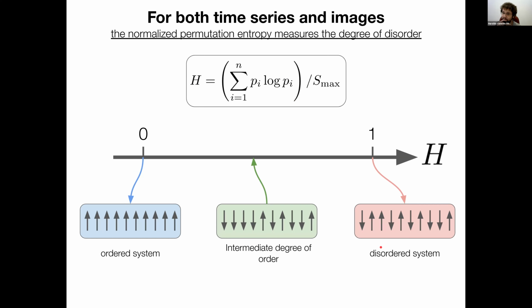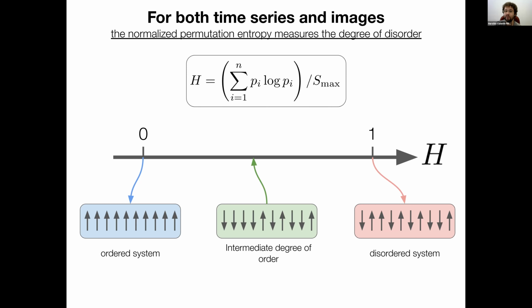Okay, and for both time series and image, I think we can say that the normalized permutation entropy is measuring the degree of disorder in our system. For instance, if we have a time series that is monotonically increasing, or a very regular time series, we will probably find one ordinal pattern with high probability, and all the others will have low probability.